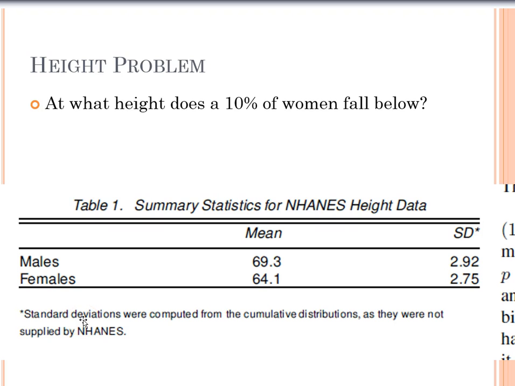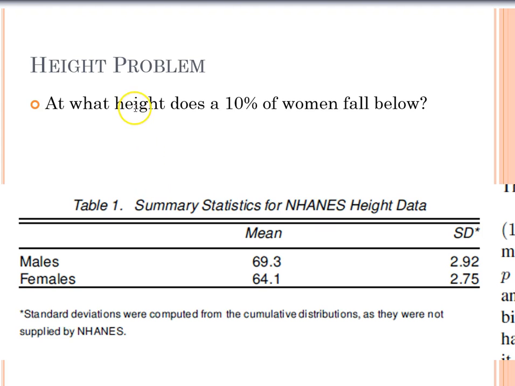This problem focuses on the summary statistics for the women, and this time instead of using the z-table, I'll show you how to use an Excel program that will let you find the z-scores. So here we're looking at what height 10% of the women fall below. So we're given the percentile, and we need to find a z-score that's associated with it.